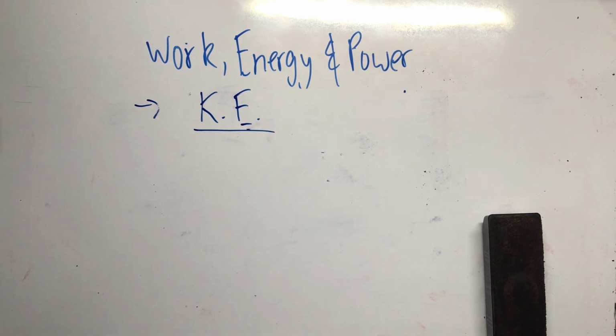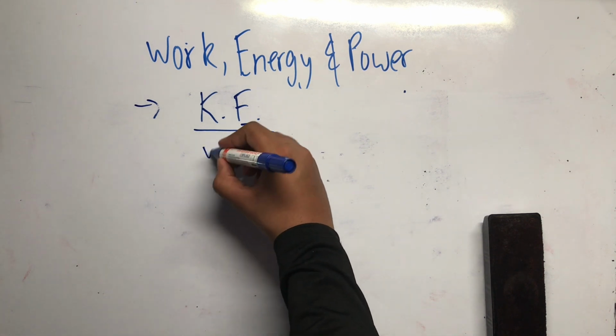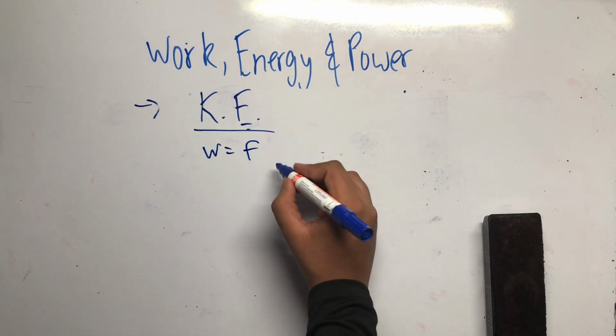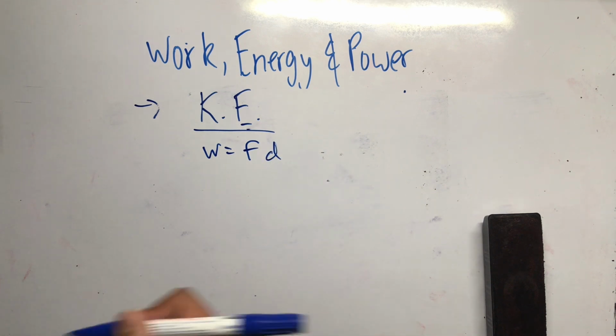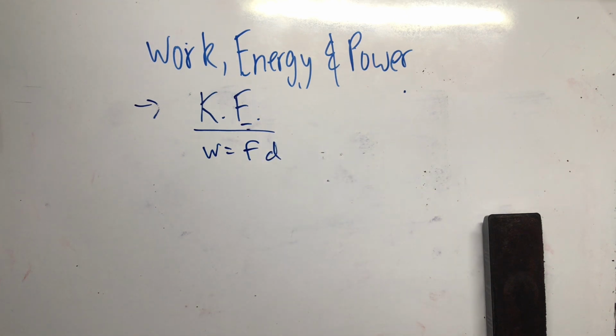Now let's talk about kinetic energy. So kinetic energy is the energy which is possessed by any object which is moving at a particular velocity, at a particular speed. So let's derive the equation for kinetic energy. So again, let's get back to our basics. Work done is equal to force times the displacement in the direction of the force.